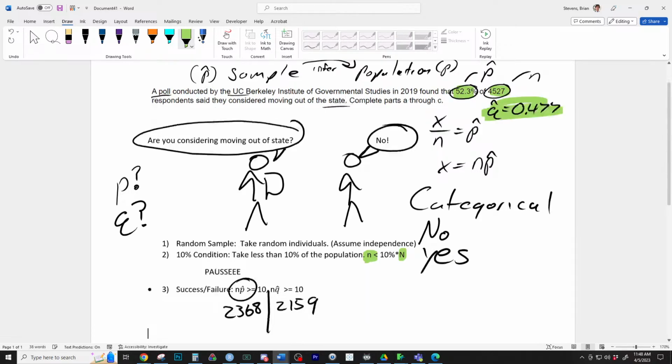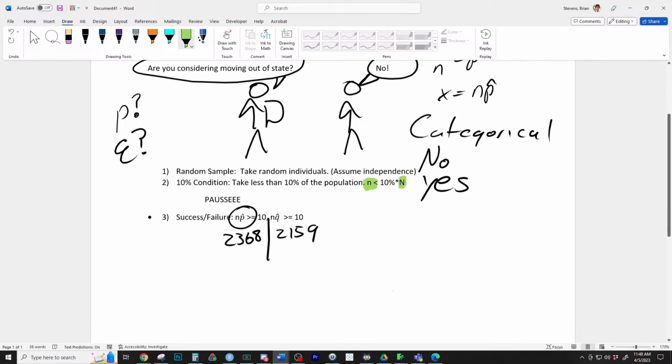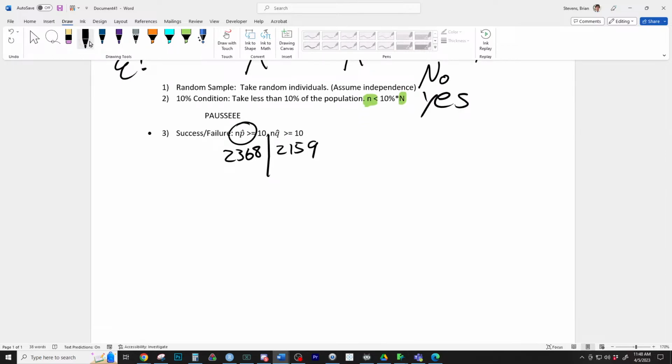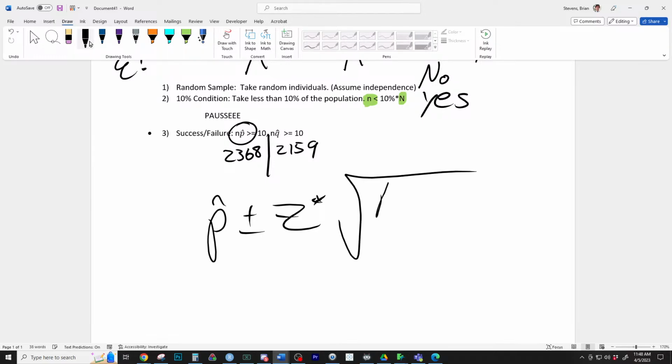So now we get down to doing the formulas. So the formula for this is going to be p hat plus or minus z star, and then we have the square root of p hat q hat over n. And with this right here, it's important to know the three parts of it. This is the estimate.